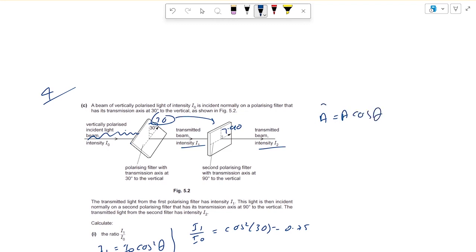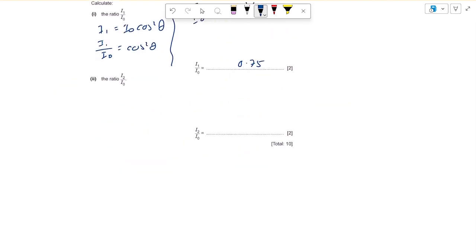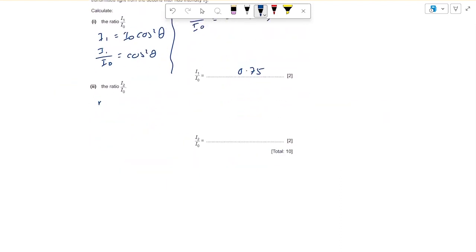So this is why we need to extract the 30 out of it. So the new angle of theta is equal to 90 minus 30, which is 60. So I2 over I naught is equal to cos squared 60, which is 0.25.